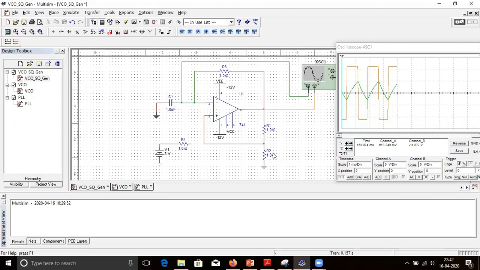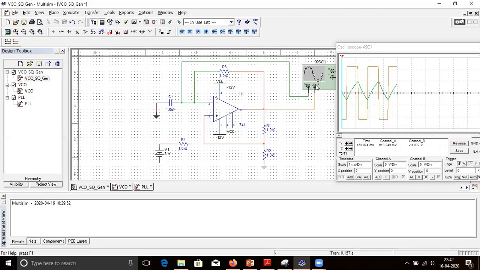That's why when you find out UTP and LTP, it will be R2 divided by R1 plus R2 into saturation voltage. So it will be Vsat by 2. So roughly it is 5 volts and minus 5 volts. So as you see in this simulation, the capacitor will charge between 5 volts and minus 5 volts.